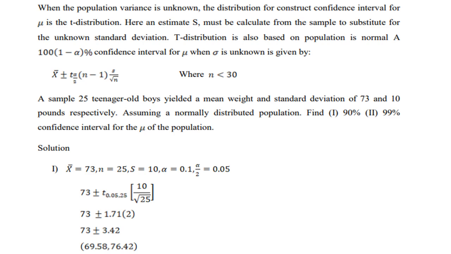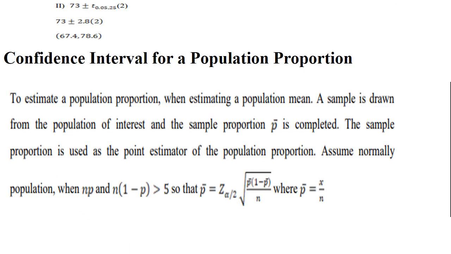That will give us 1.71. Then 10 over root 25, our root 25 is 5, 10 divided by 5 will give us 2. Then we multiply 1.71 times 2, that will give us 73 plus or minus 3.42. So the first one will be 73 minus 3.42, comma, 73 plus 3.42. Then we do the 99% confidence interval.